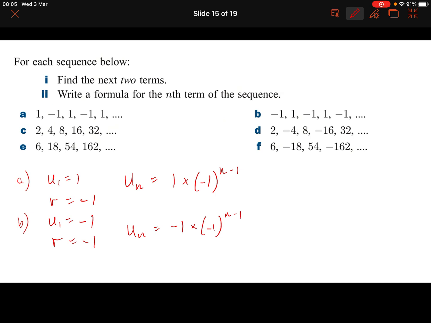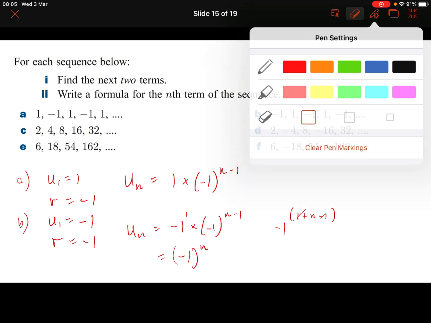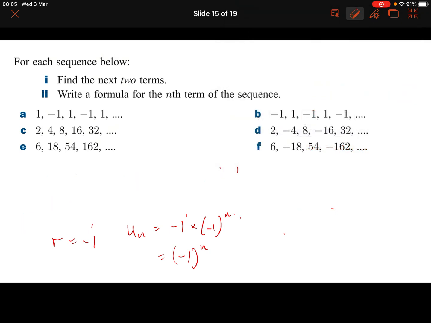And if you're really good with your rules of indices here, you might notice that minus 1 times minus 1 is actually equal to minus 1 to the power of n. Because the rules of indices say this would become minus 1 to the power of 1 plus n minus 1. So the 1's cancel out, you're left with minus 1 to the n. So if you're really good with your rules of indices, you would have spotted that.